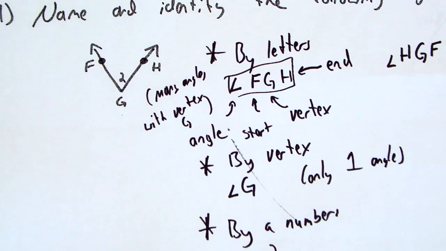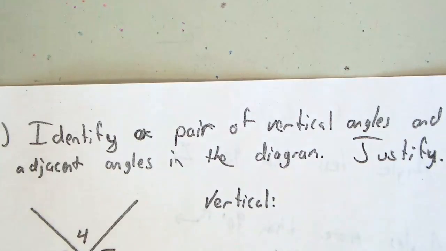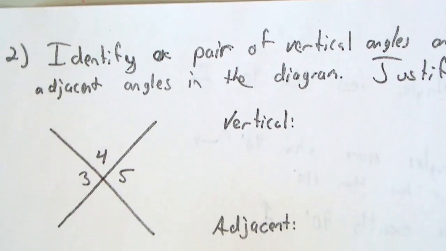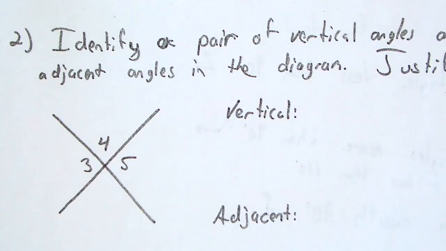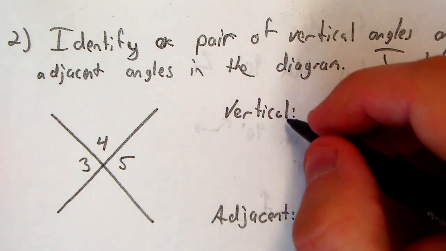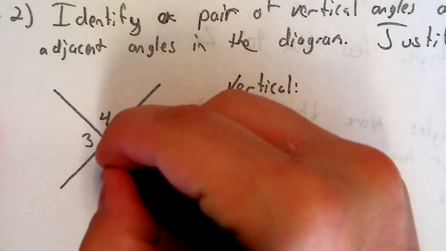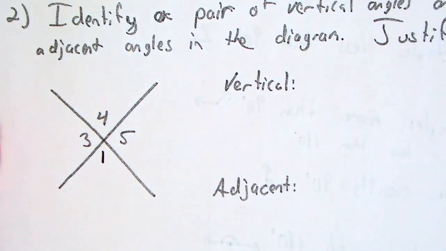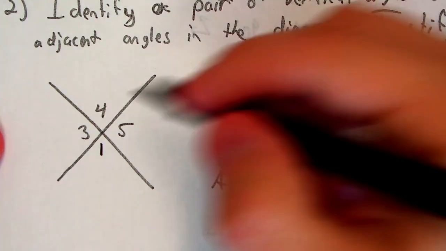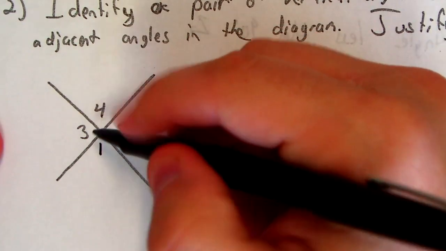Alright, so let's look at another example here. We want to identify a pair of vertical angles and a pair of adjacent angles in this diagram. So vertical angles, let's label this as 1. Vertical angles, again, are angles that share a vertex.